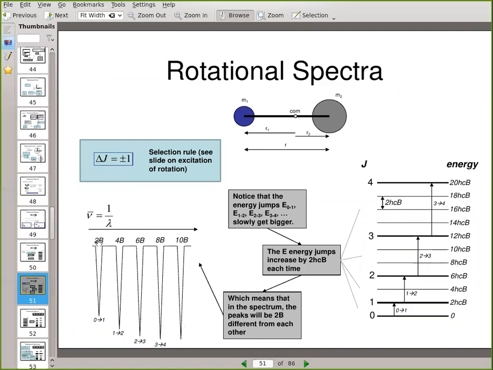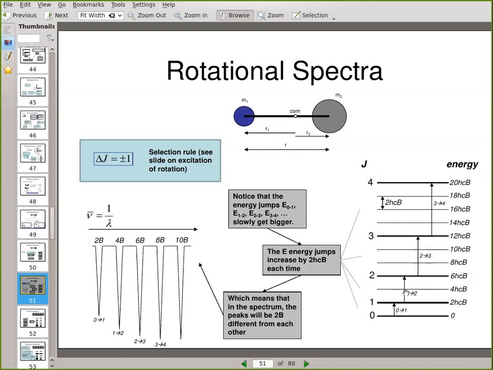And the difference between them will always be 2B. So you can see that if we change from an energy to a wave number, the HC will come away and you're left with a B. And so you see, what's the difference between this jump and this jump? The difference between this jump and this jump is only 2 HCB, which as a wave number is 2B.